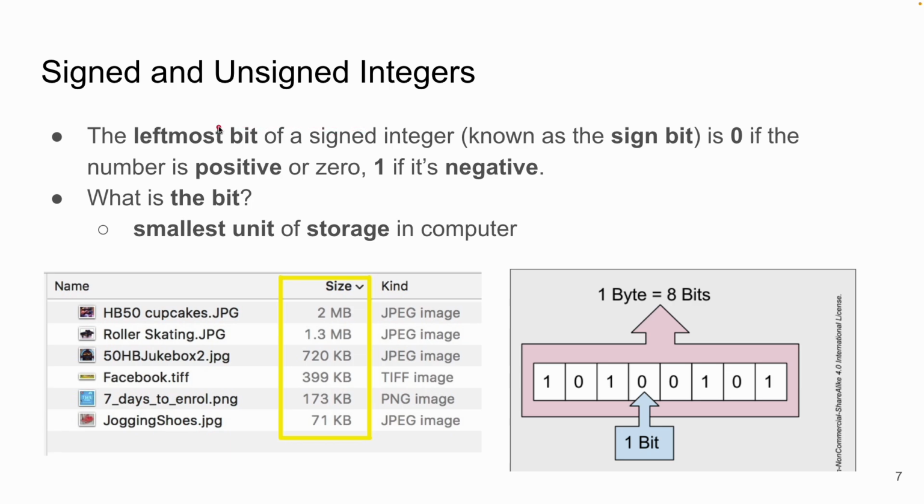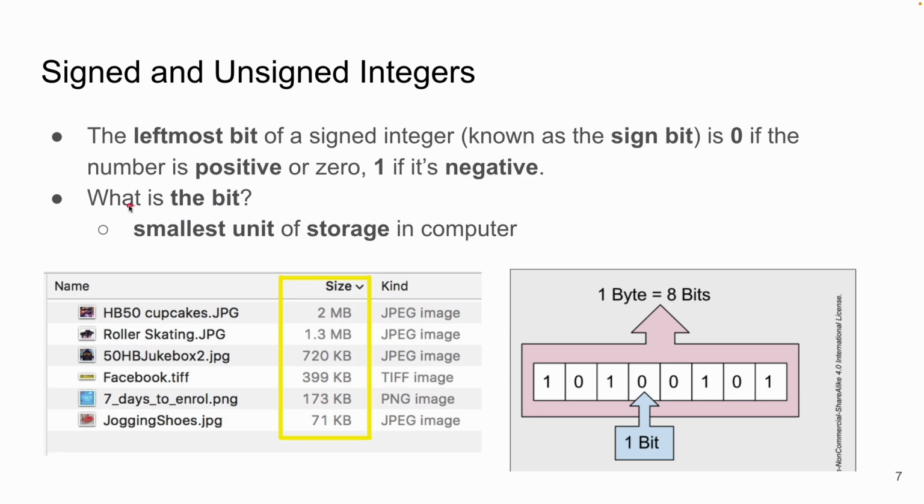If the number is positive or 0, the leftmost bit of this signed number is 0. If the number is negative, then the leftmost bit will be 1. Leftmost means 最左边. The leftmost bit of the signed integer, we call the sign bit.